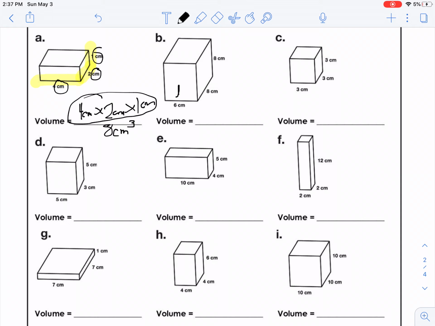This is labeled as length, width, and then height. Okay, so length is 6 times 8 times 8.